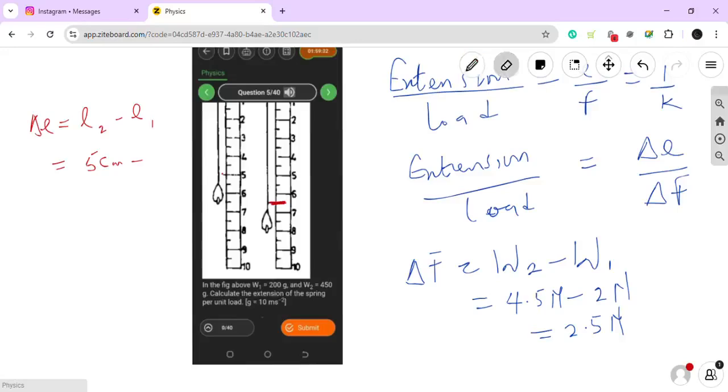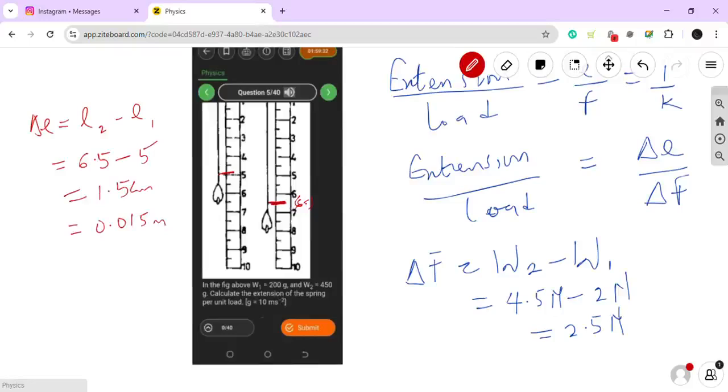This is 6.5, not 5. Yes, this is 6.5. So here is 6.5 minus E1. The first one here is 5. So if we try to subtract, that's 1.5 centimeter. So to meter, you divide by 100, and that will be 0.015.